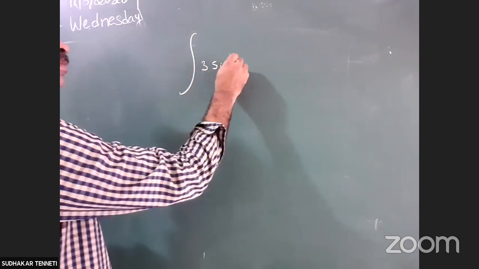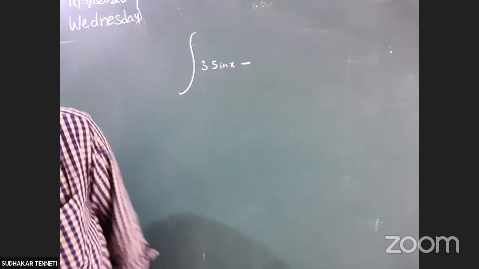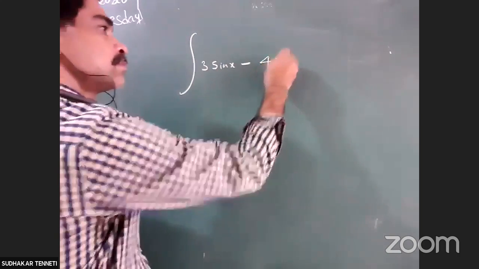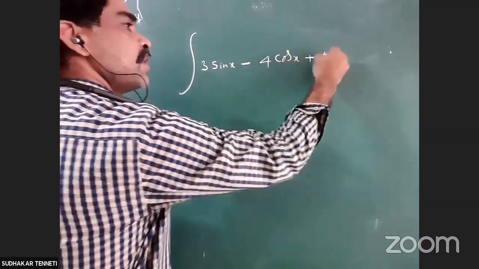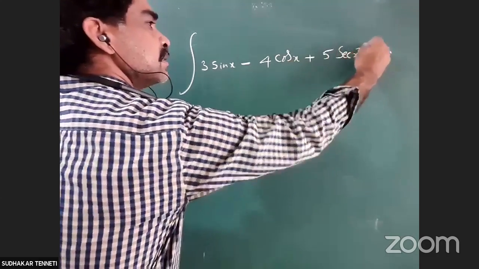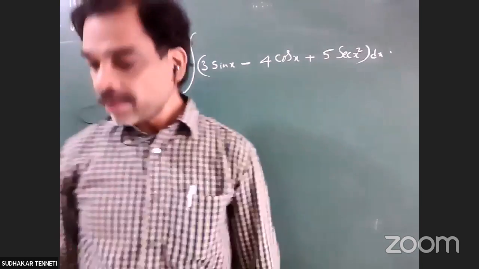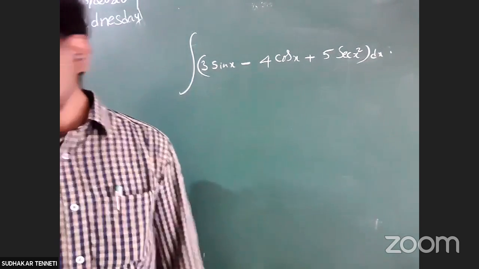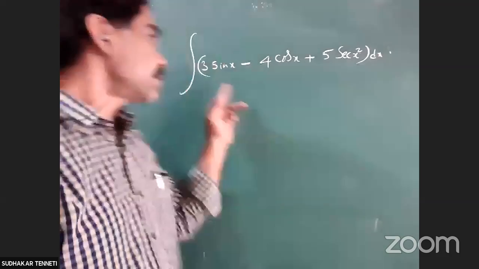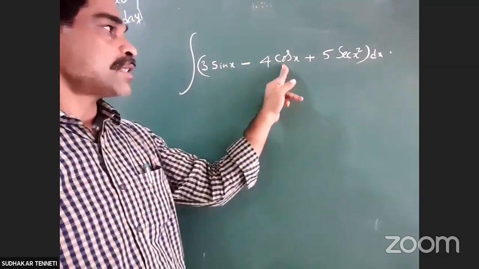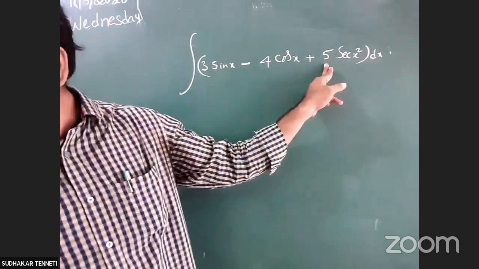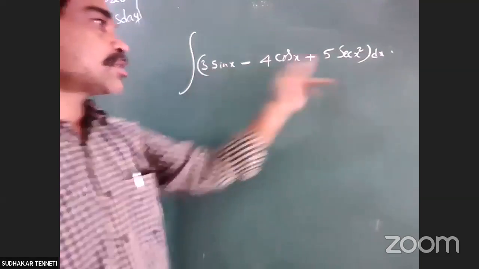Integral of 3 sin x minus 4 cos x plus 5 secant square x dx. So look at this problem. This is integral of 3 into sin x minus 4 into cos x plus 5 into secant square x dx. So this is also the same concept.